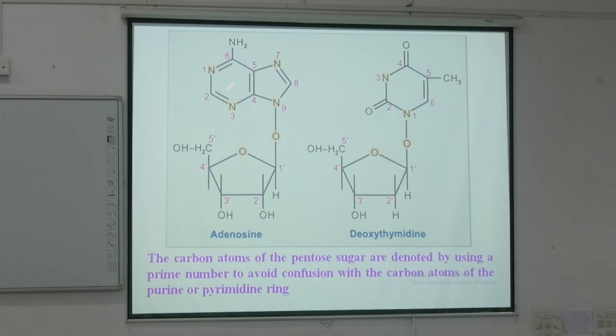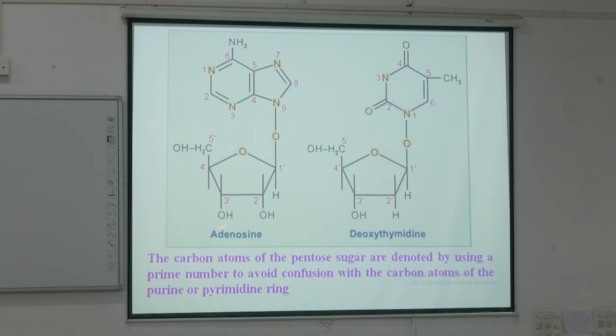Purine ring. It binds with the sugar. At what position? The first carbon of ribose sugar binds with the N9 of the purine ring. Okay, that will form adenosine. That means adenine binds with your sugar and forms adenosine.